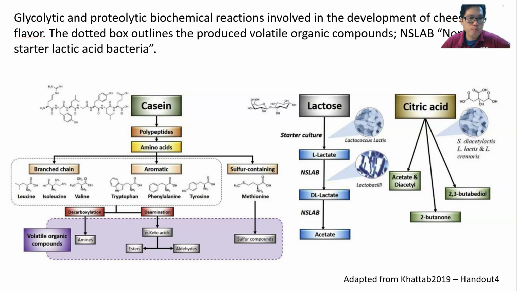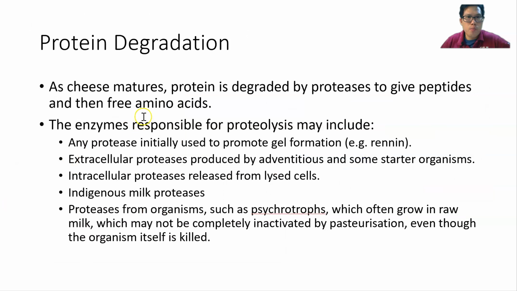Protein degradation: as cheese matures, protein is degraded by proteases to give peptides and then free amino acids. Again, this depends on time. The more time you give, the more it will break down, and then you create more free amino acids. Free amino acids have a very, very strong taste, flavor, the smell.